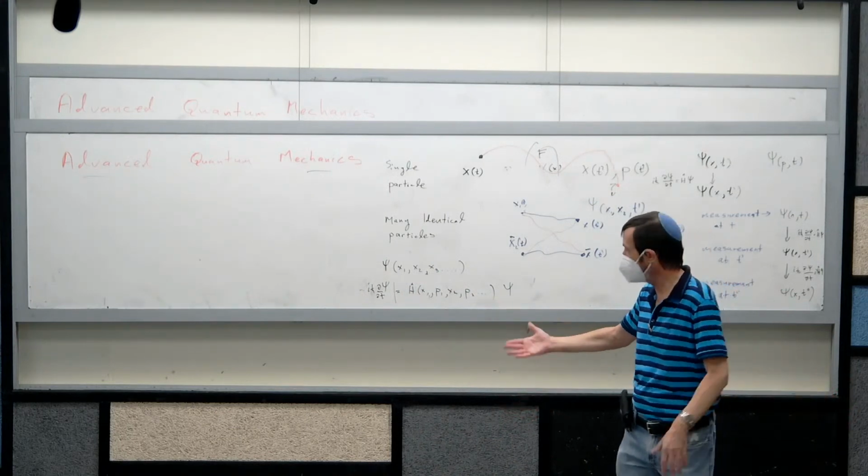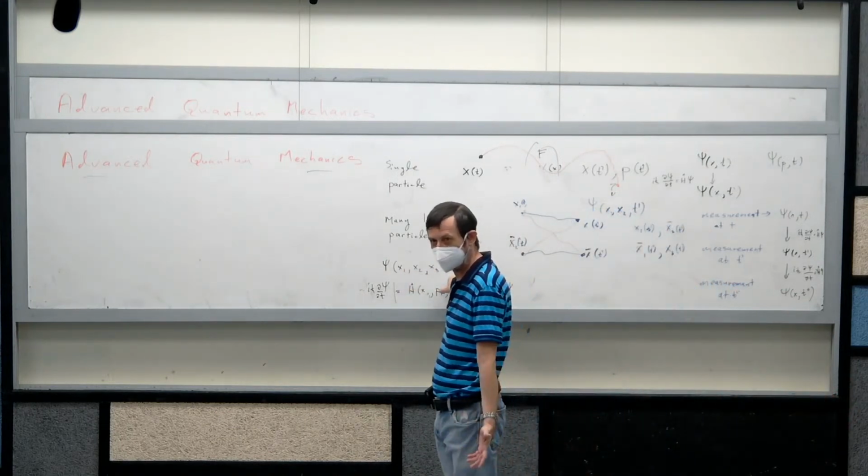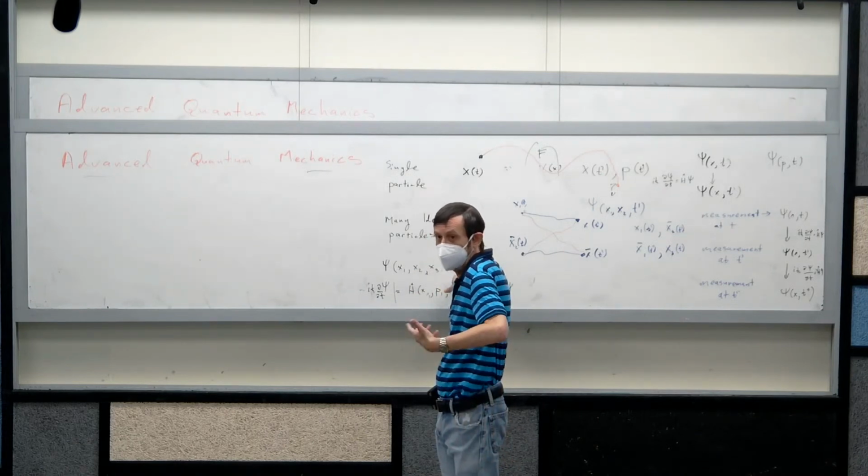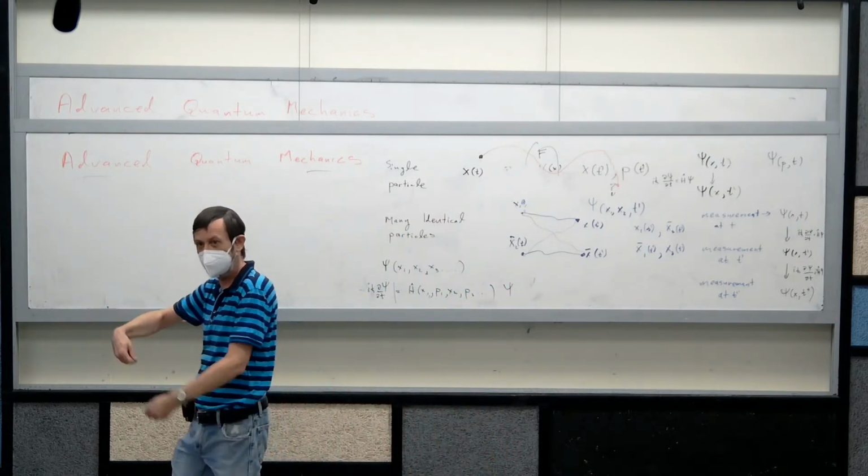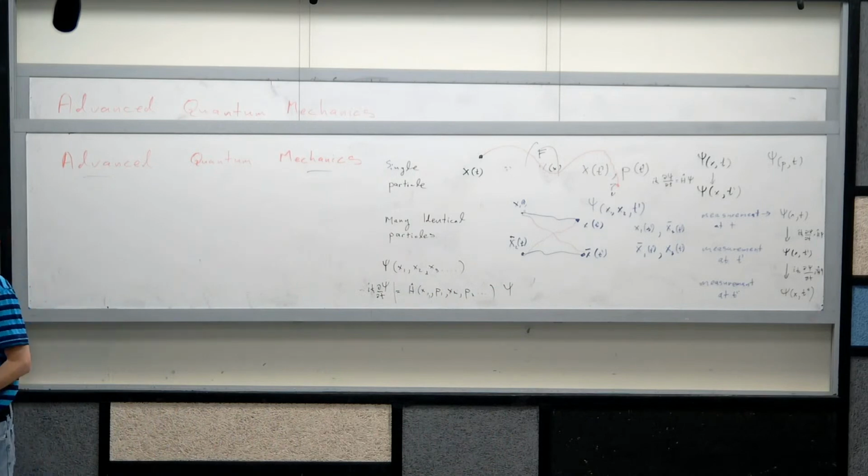You write a wave function of n photons. How do you describe suddenly I have n plus 1? I need another coordinate. I don't have the conceptual tools to describe it at the moment.